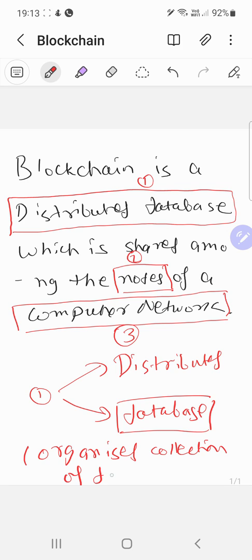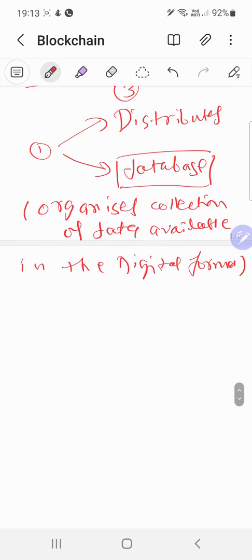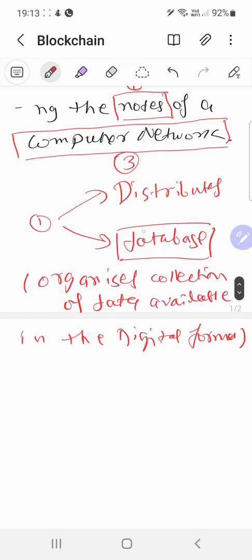But an organized collection of data alone we cannot call a database; we also need to add that it is available in a digital format. So that is what we call a database.